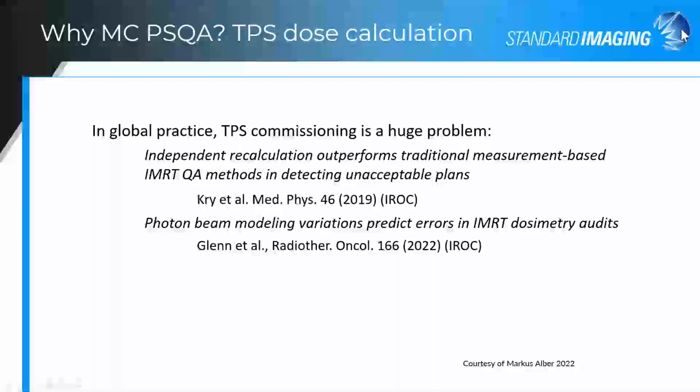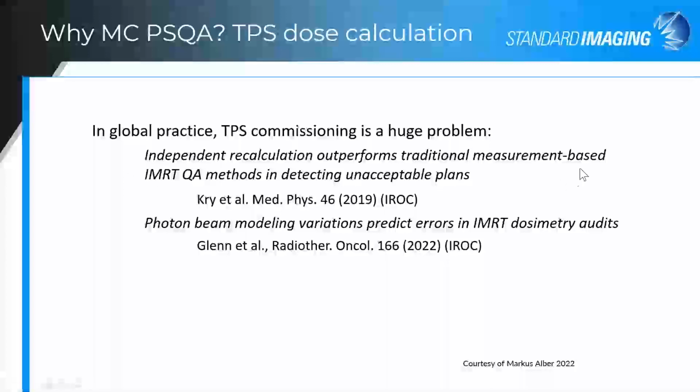So again, why Monte Carlo for patient-specific QA? So one of the issues is that TPS commissioning is problematic, and this has been brought forward by IROC in multiple publications over the years.